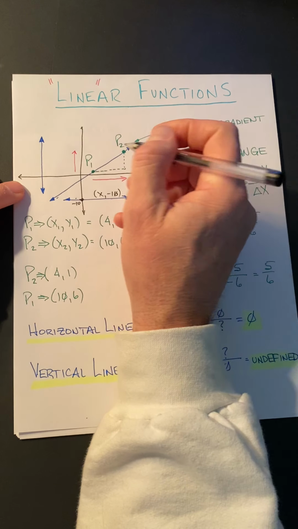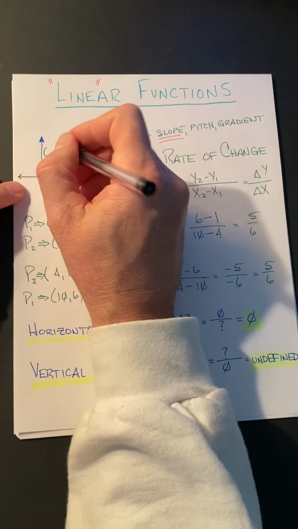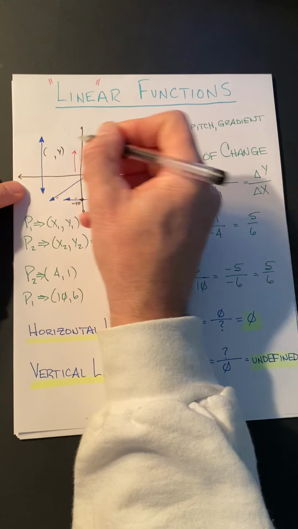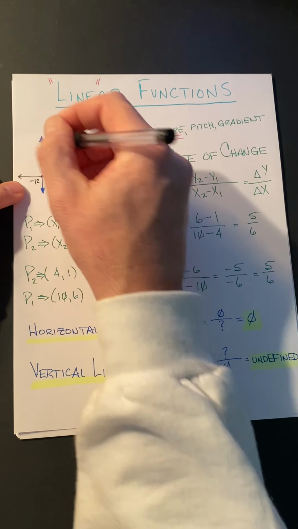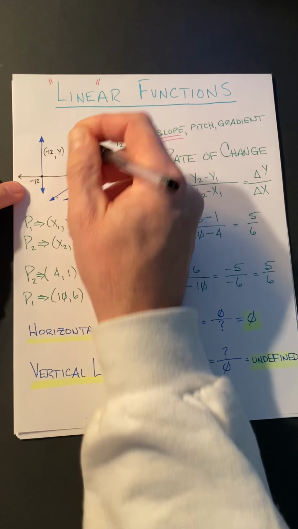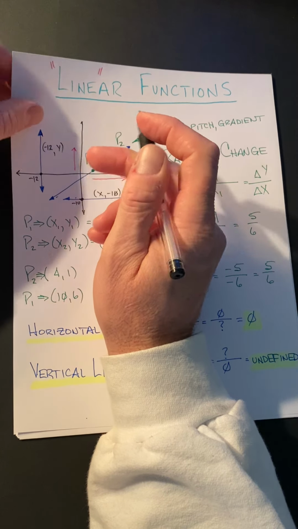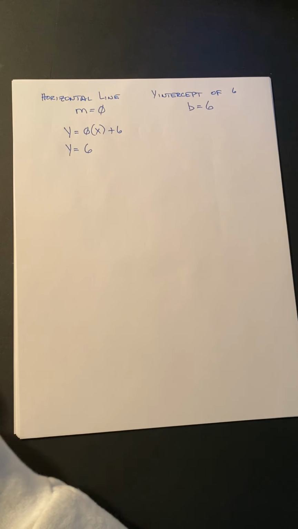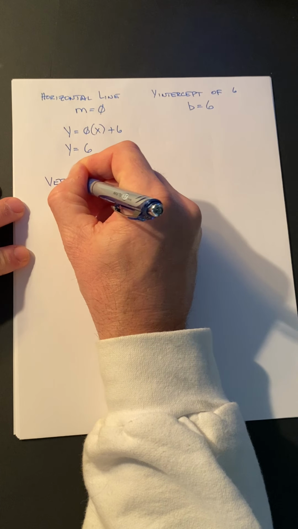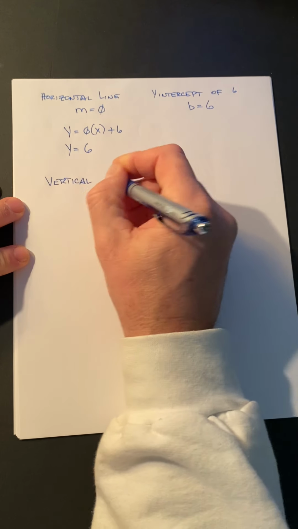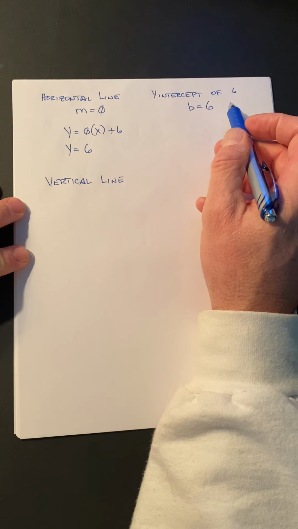Likewise, for a vertical line, the y is constantly changing, right? And let's say this guy was out here at, I don't know, minus 12. Notice how the x always stays the same. So if I had a vertical line, I'm not going to have a y-intercept, am I?